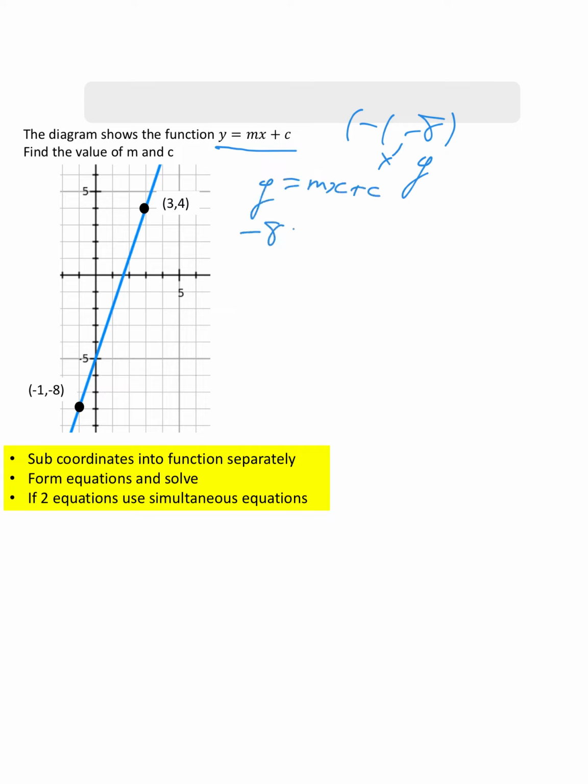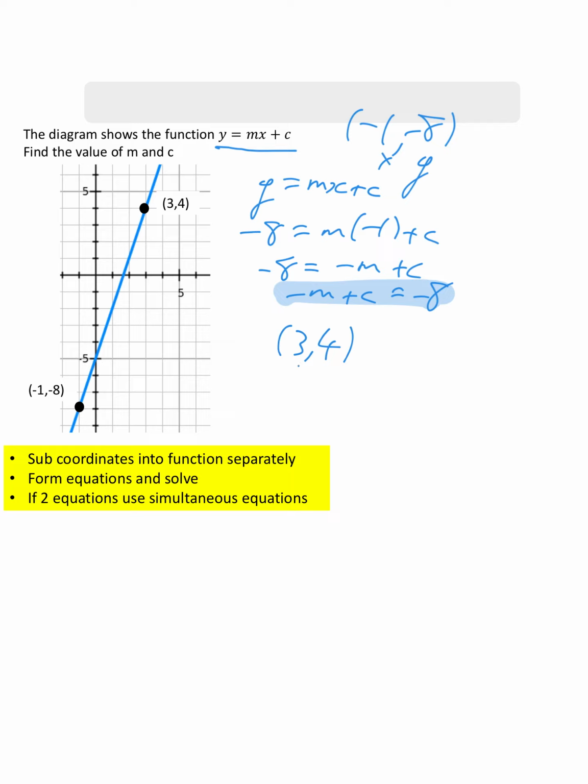So we'll have -8 is equal to m times -1 plus c. So -8 is equal to -m plus c, so -m plus c equals -8. Now we have two unknowns here, so I'm just going to have to leave it like that. You can see here we're probably going to end up with a simultaneous equation.